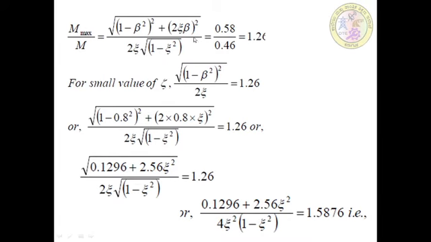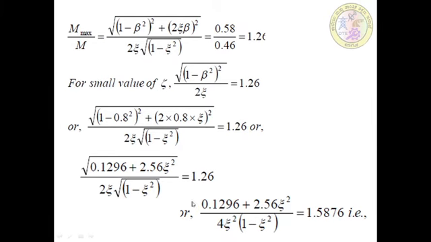You can see here, you can substitute the beta values and chi values as they are, so that it is equal to 1.26.